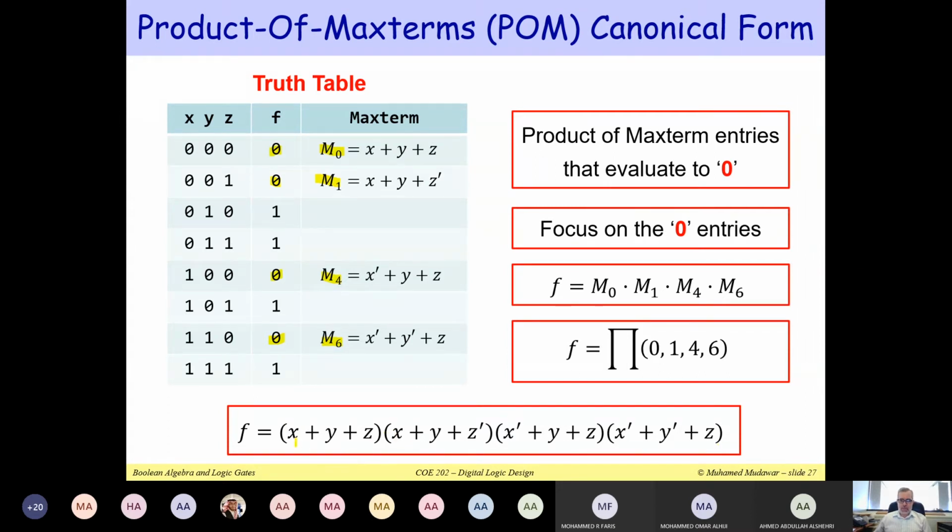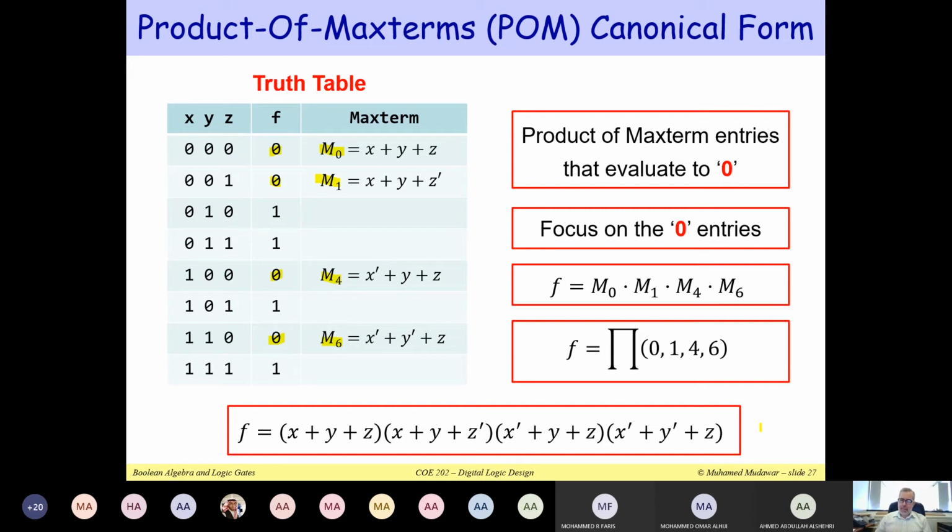So this is max term 0, which is x or y or z, and here I have max term 1, which is x or y or z prime, and here I have max term 4, which is x prime or y or z, and the last one will be max term 6, x prime or y prime or z. So this is another expression for the same function f.